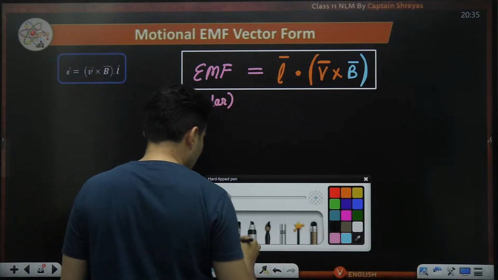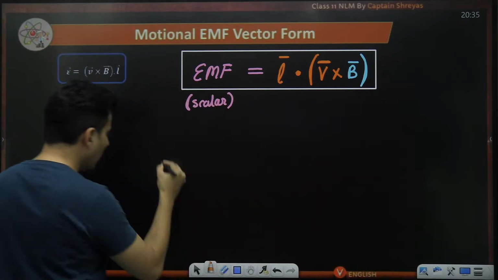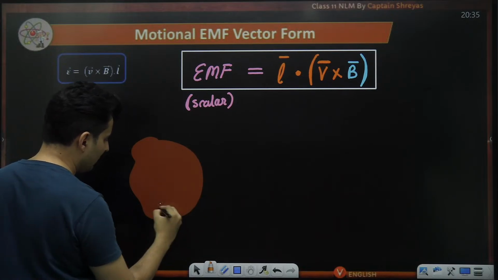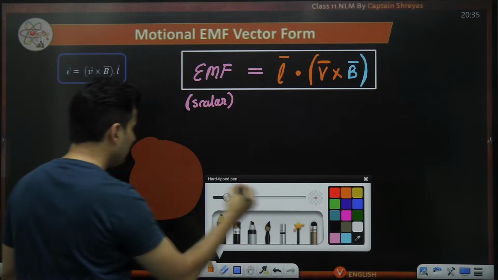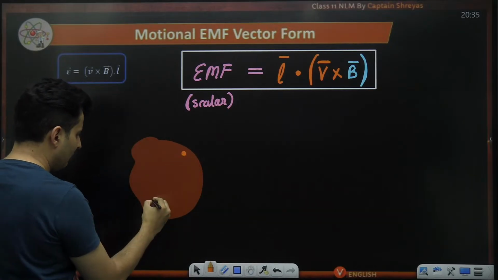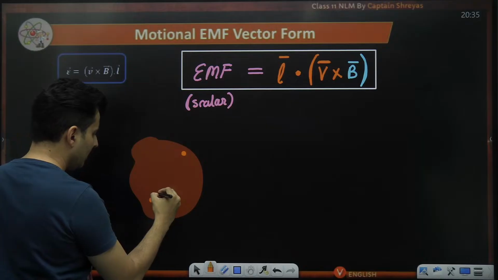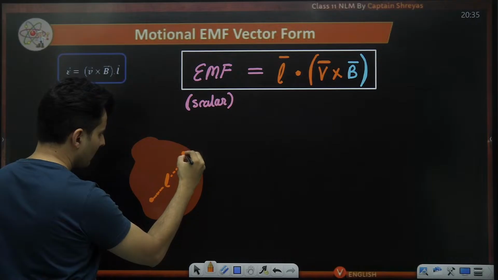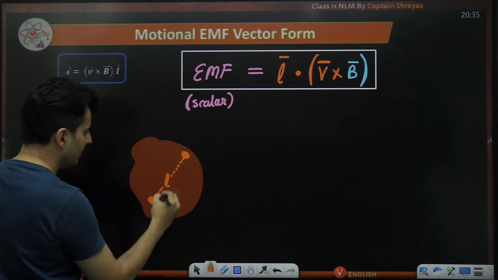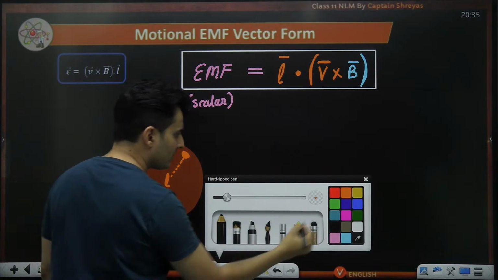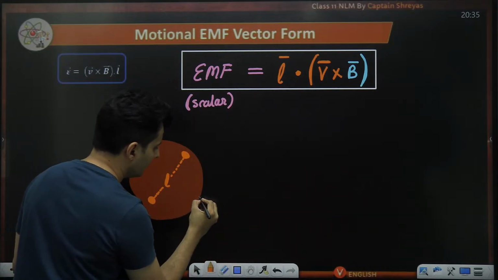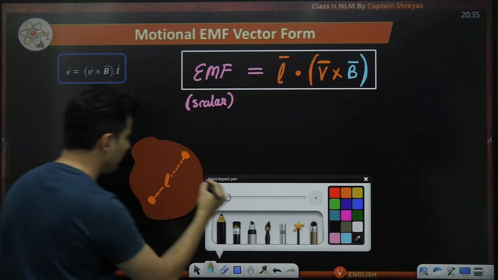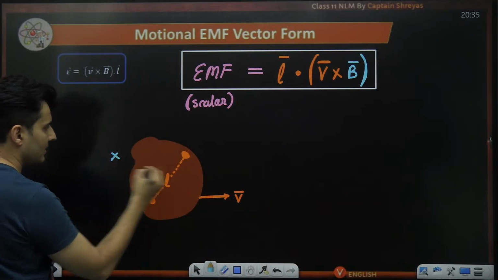How to analyze this? Imagine you have some kind of conductor of any random shape and you are taking 2 points somewhere which are separated by a distance of L, and this particular conductor is moving with some velocity v in some magnetic field like this.